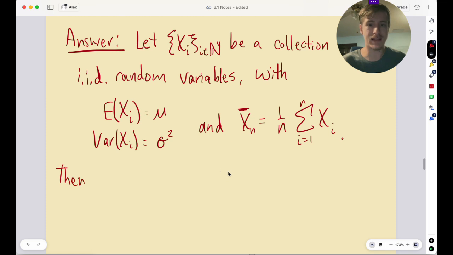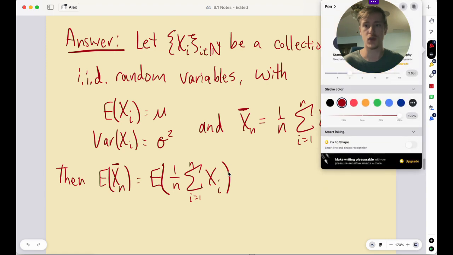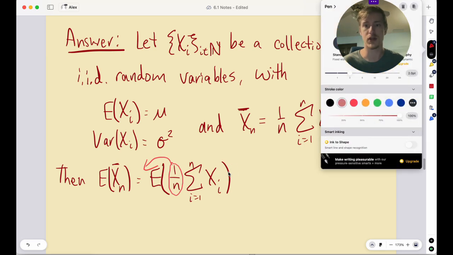What is the expected value of this random variable? Because if we define a new random variable, we want to find the expected value and the variance of this. Well, the expected value of x sub n bar is just going to be the expected value of 1 over n times the sum, i equals 1 to n of x sub i. Okay, but then this is a constant and it can come out of the expectation operator.